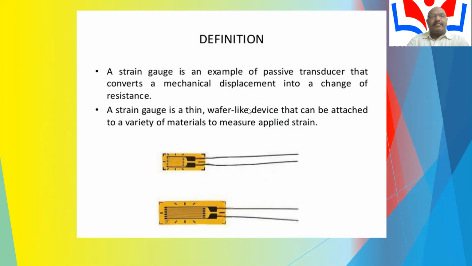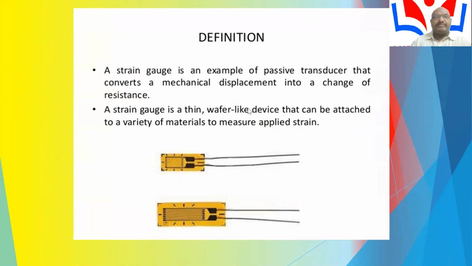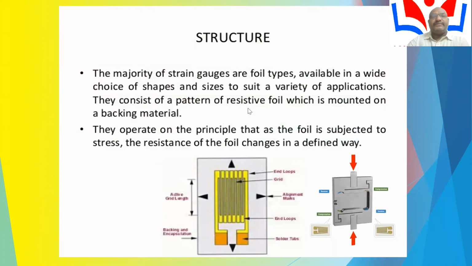A strain sensor is a thin, wafer-like device that can be attached to a variety of materials to measure applied strain. From the diagram shown in the figure, we can see the structure of the strain sensor.